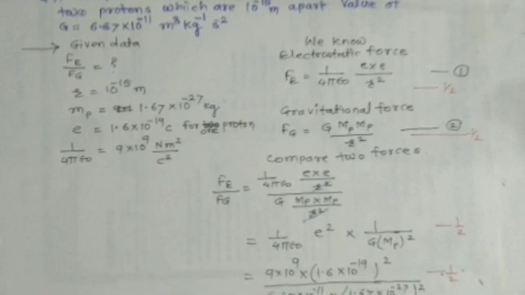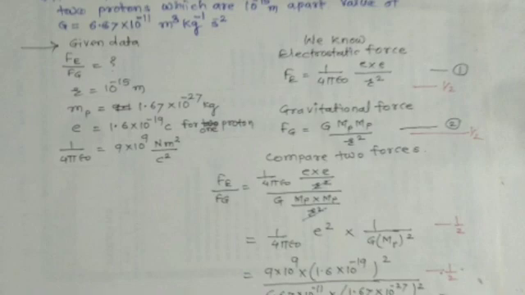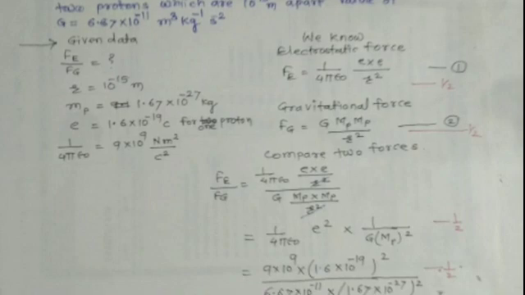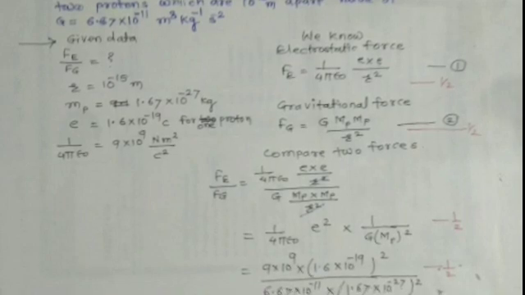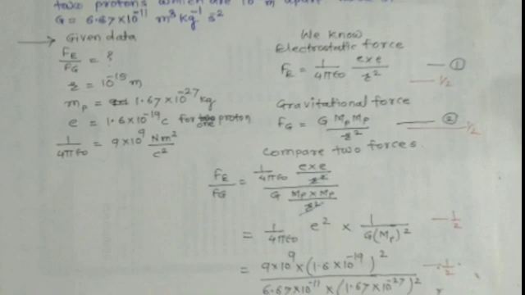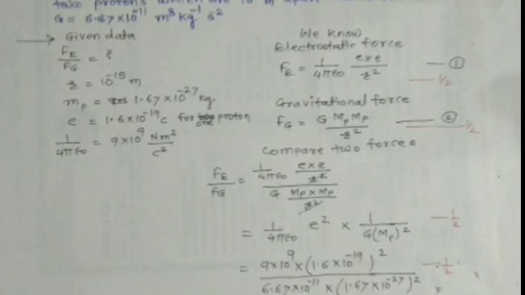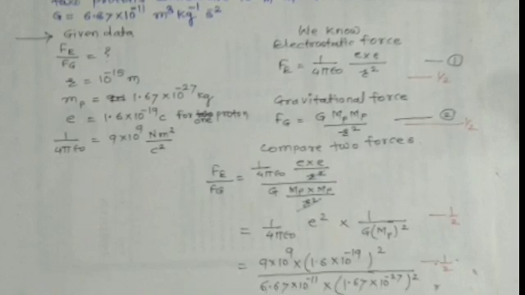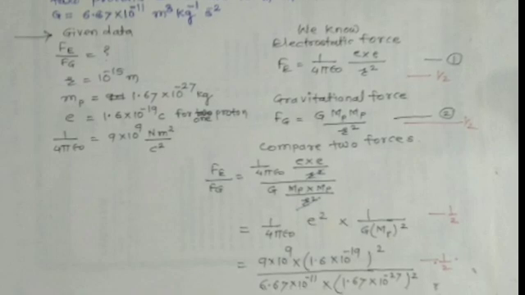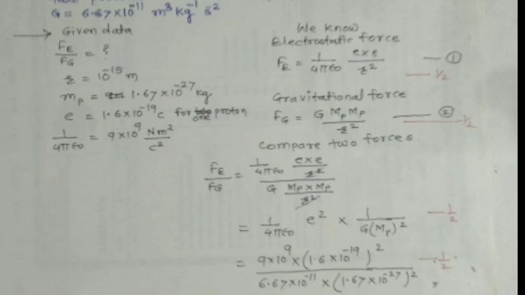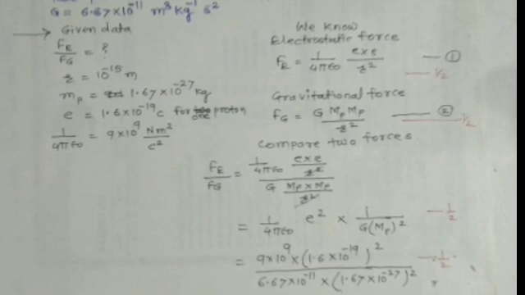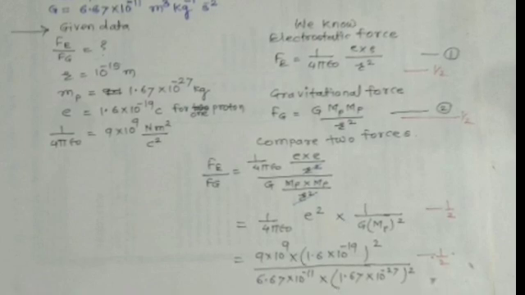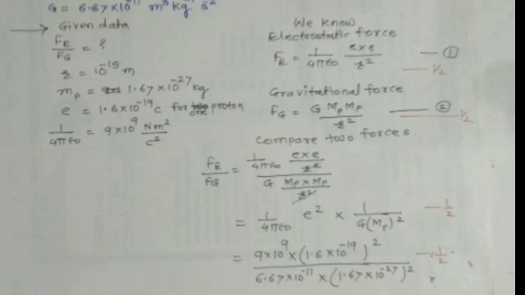We know the two formulas. For electrostatic force, Fe equals 1 upon 4 pi epsilon 0 into e multiplied by e upon R square, equation number 1. For gravitational force, Fg equals capital G mp into mp upon R square. By comparing the two forces, Fe upon Fg is equal to 1 upon 4 pi epsilon 0 e multiplied by e upon R square, divided by capital G multiplied by mp multiplied by mp upon R square.